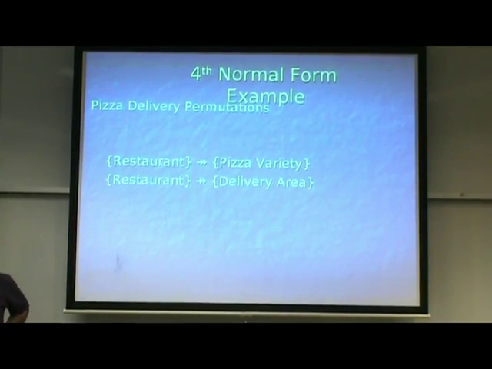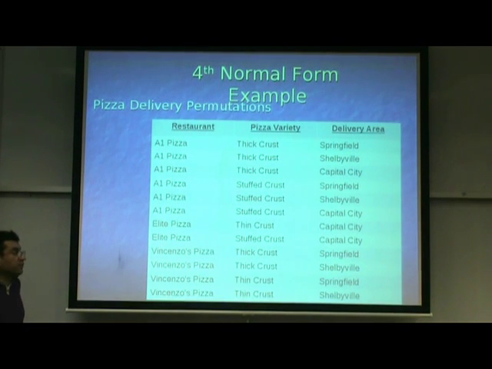So, can we break down this table? How? Two tables, restaurant and pizza variety, restaurant and delivery area.